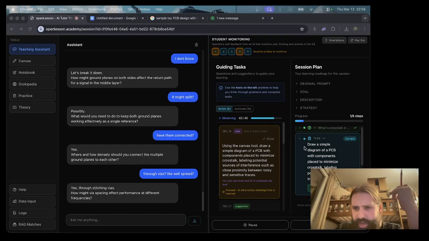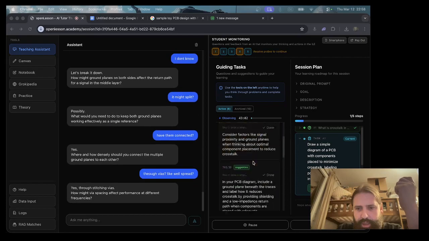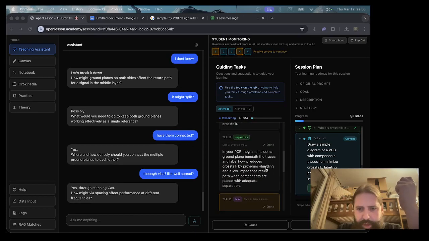So I'm still stuck at step 2, which is the draw canvas tool, like draw the PCB with the components placed to minimize crosstalk, labeling potential sources of close proximity, noisy. But okay, we've learned a lot about the plan, the grounding planes.